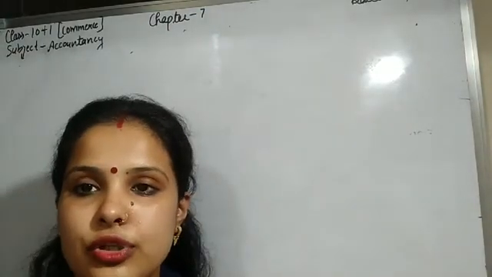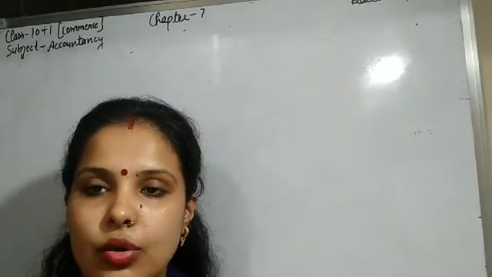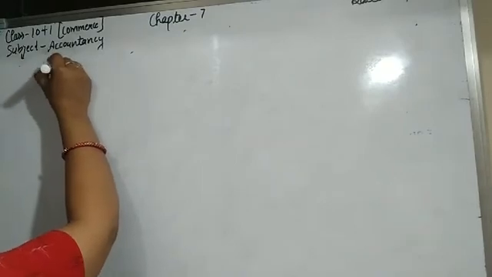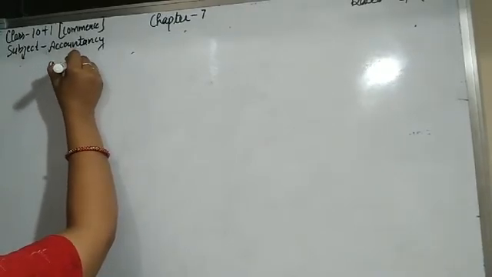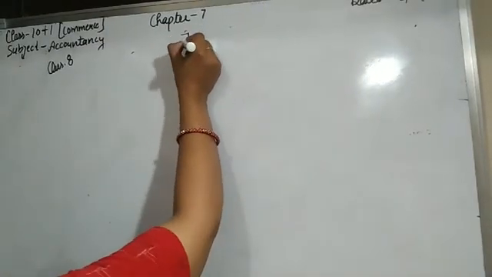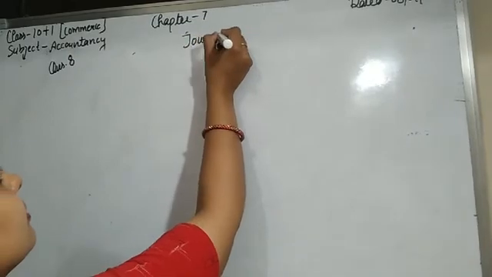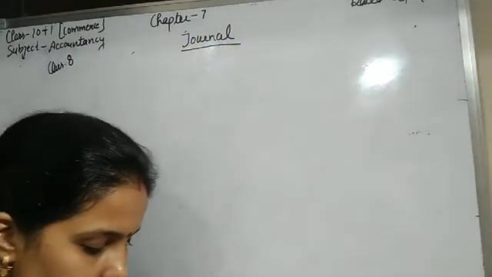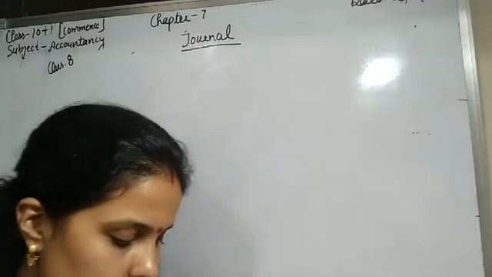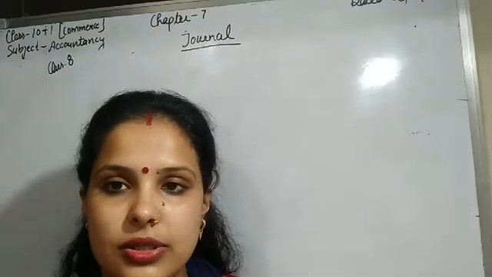Now students, I will solve question number 8 of the practical questions, in which the compound entries will be there. First of all, we have to prepare the journal. The year is 2018 and the month is August throughout the transactions.